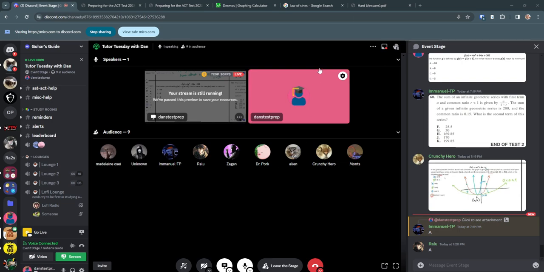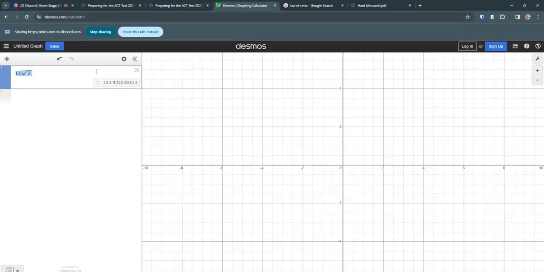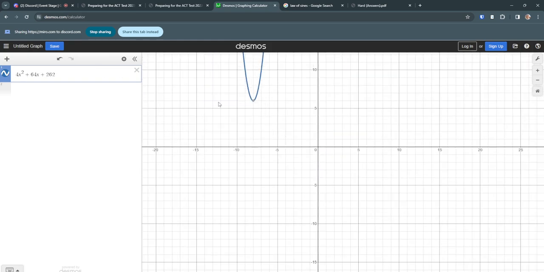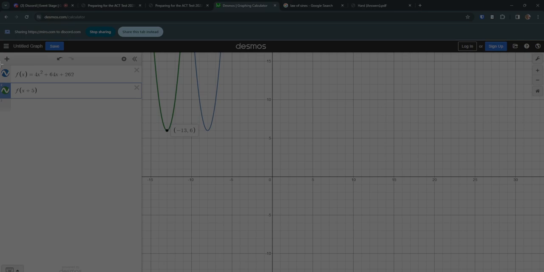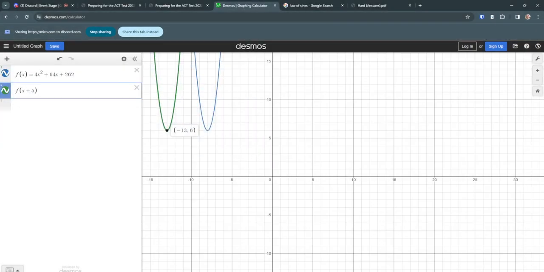If you were actually taking this on the digital SAT, honestly, I would just plot it in Desmos, because it's going to be very easy for you to define f of x, and then you can very easily define f of x plus 5 as well, and you can find out that the minimum occurs at negative 13.